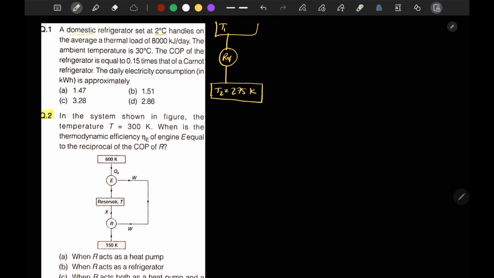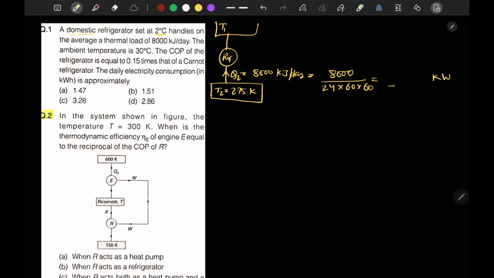On average, the thermal load is given, so this value of Q2 is 8000 kilojoule per day. After solving this, we will get this value in kilowatt.